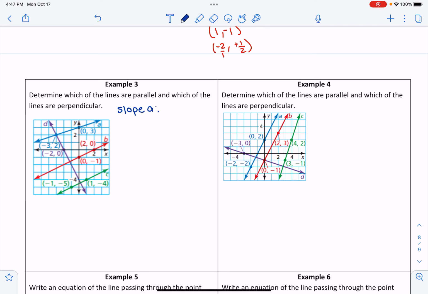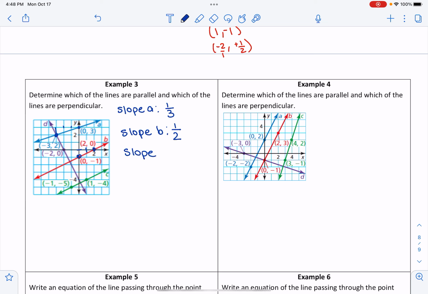So our slope of A, we started here, moved to here, is a rise of 1, run 1, 2, 3. So it has a slope of 1/3. Our slope for B, starting here, moving here, has a rise of 1, a run of 2. So rise 1, run 2, rise over run, 1/2.